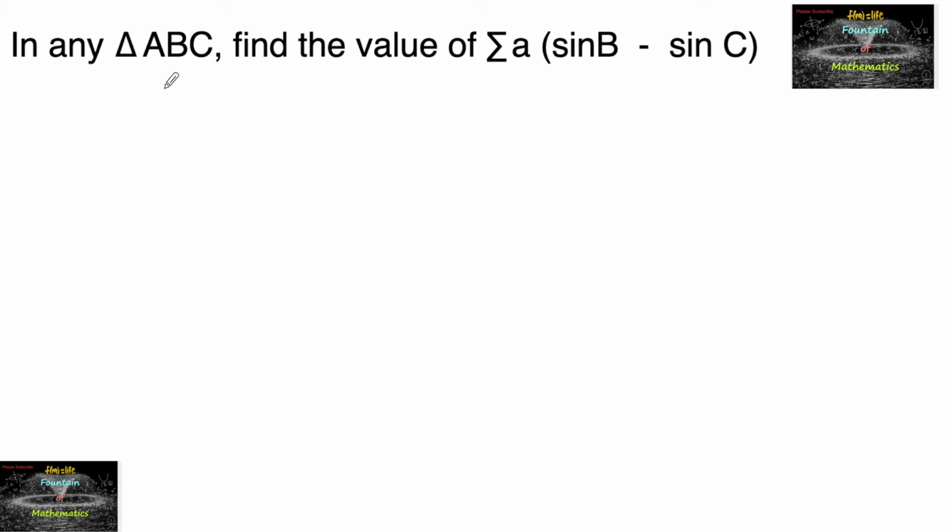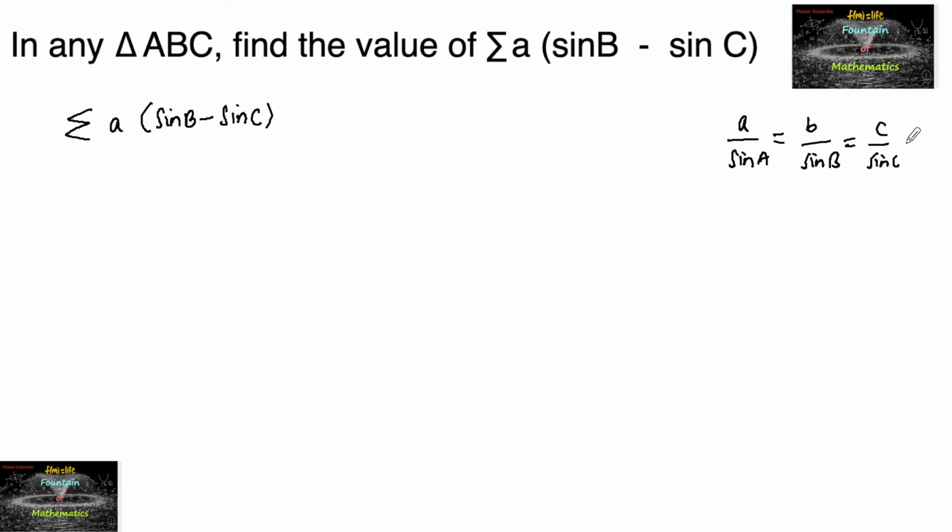In any triangle ABC, find the value of summation a times sin B minus sin C. We know from the sine rule, a upon sin A is equal to b upon sin B is equal to c upon sin C is equal to some constant k, or else we can write sin A is equal to a upon k, sin B is equal to b upon k, and sin C is equal to c upon k.